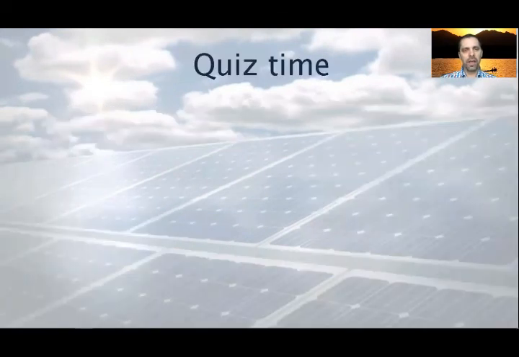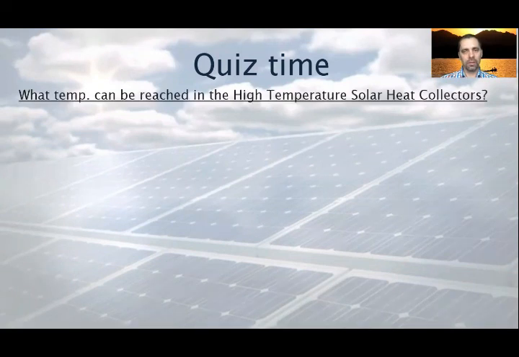After finishing the high-temperature collectors, it is time to assess your knowledge about them. So, what temperature can be reached in the high-temperature solar heat collectors? Above 500 degrees Celsius.